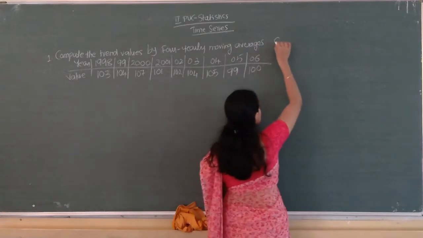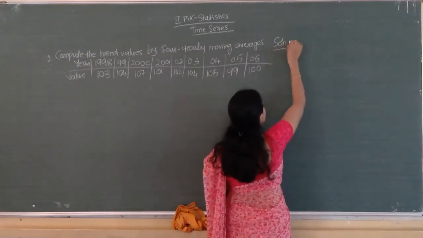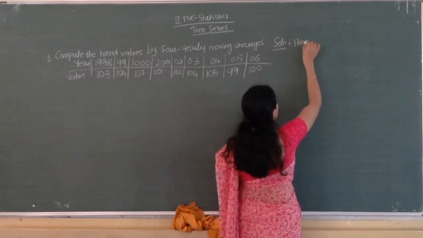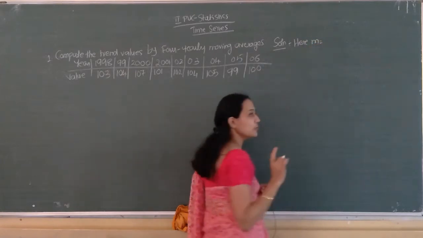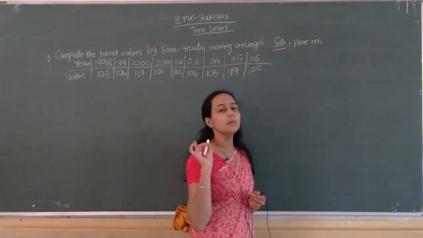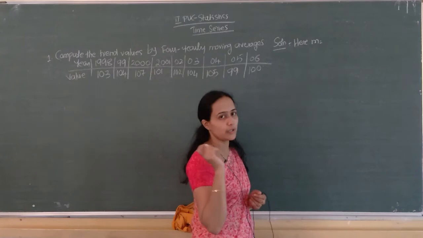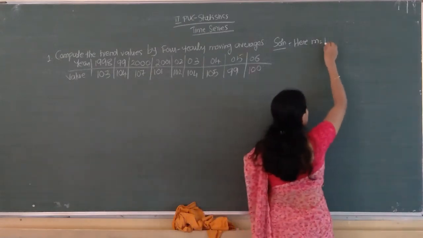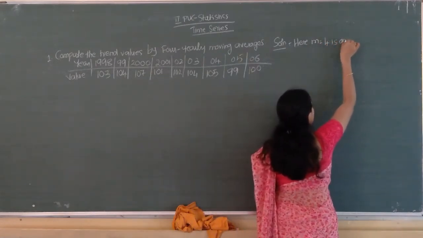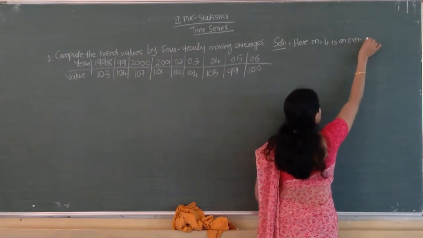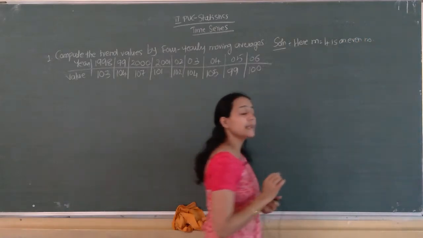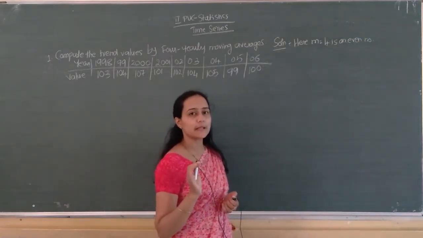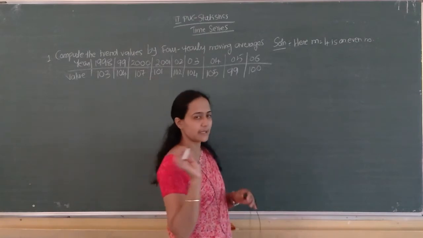I will write the procedure here. What is the procedure? Let m be the moving average period. The moving average period is 4, isn't it? m equal to 4 is an even number. So when an even number comes, initially we find the 4 yearly moving totals.